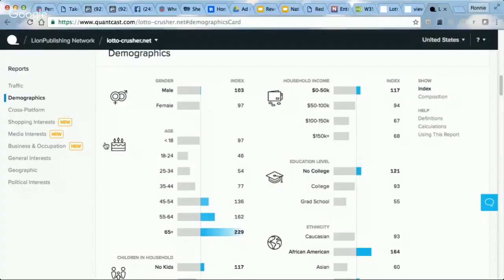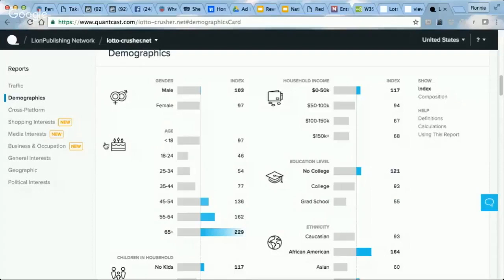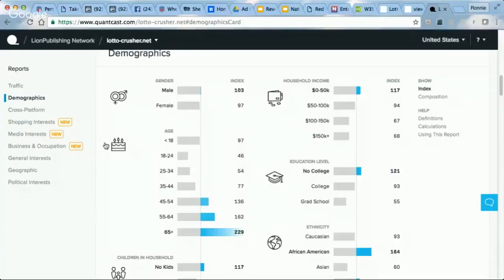I won't even advertise to people below 50 based on this data. People under the age of 45, it looks like they just really don't believe they can win the lottery. That's not the road to wealth for them. They probably think it's some other manner. So that's good to know.